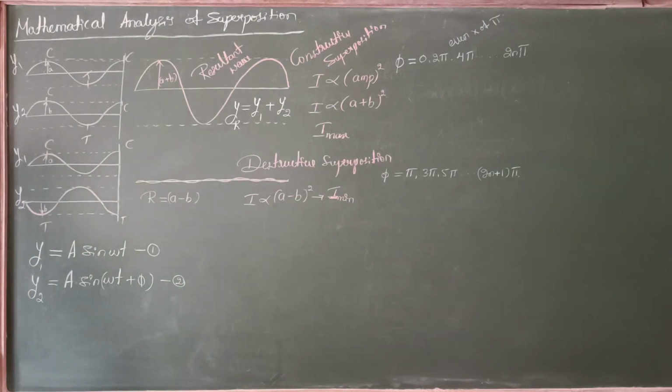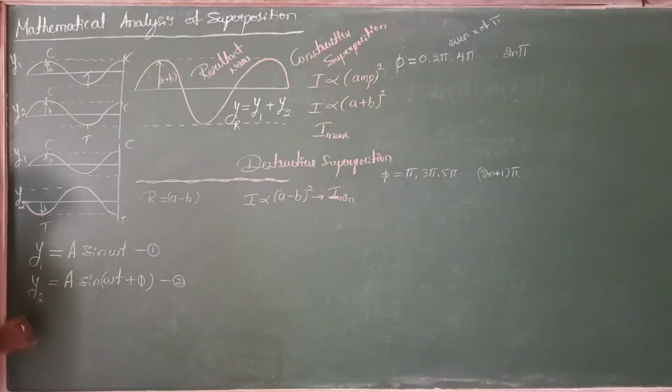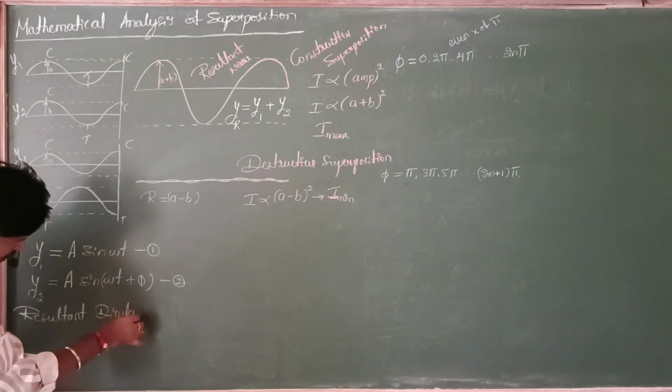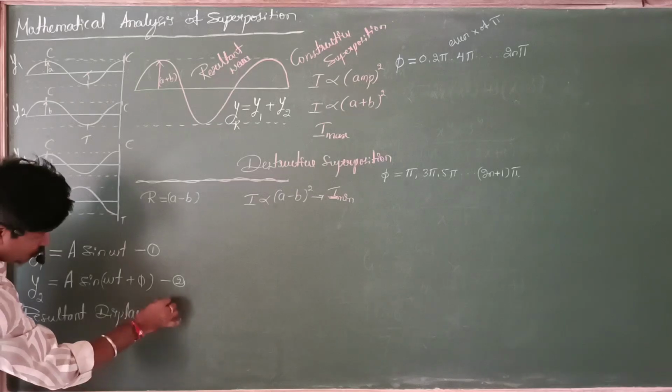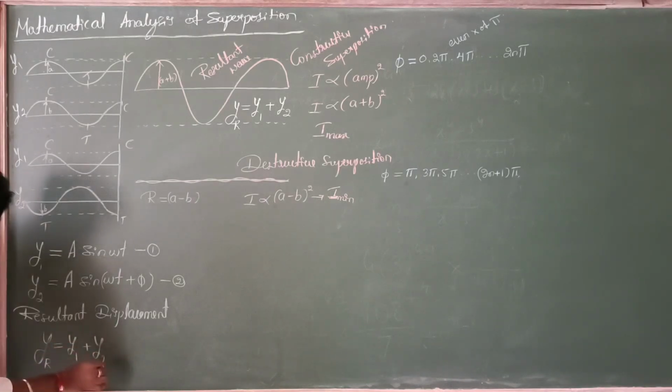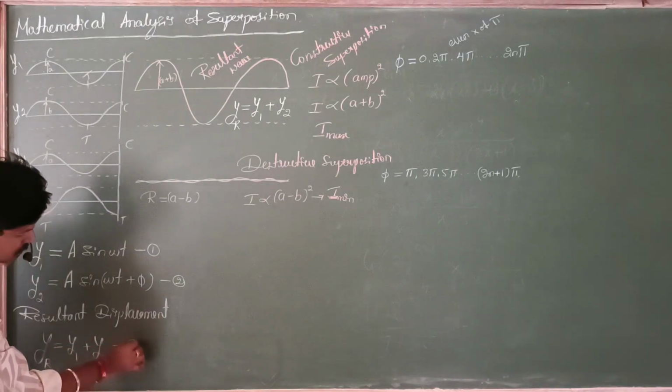So the resultant displacement, y is equal to yr is equal to y1 plus y2. This is equation number 3.